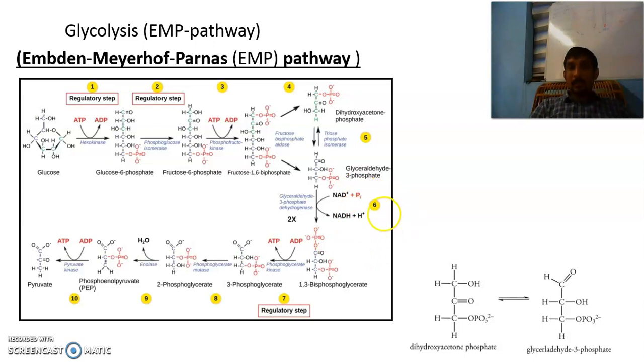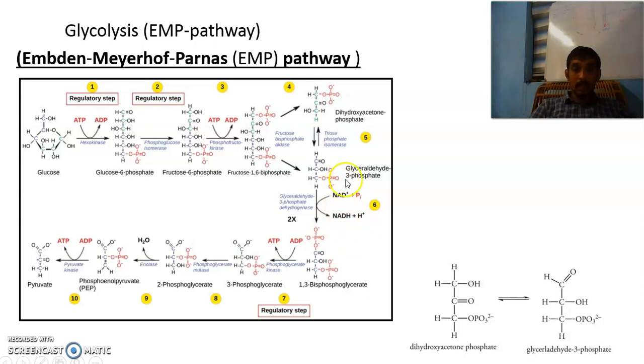At the same time, that removed H2 is used for the reduction of NAD. You can see the H2 released from this glyceraldehyde 3-phosphate is used for the reduction of NAD into NADH2.